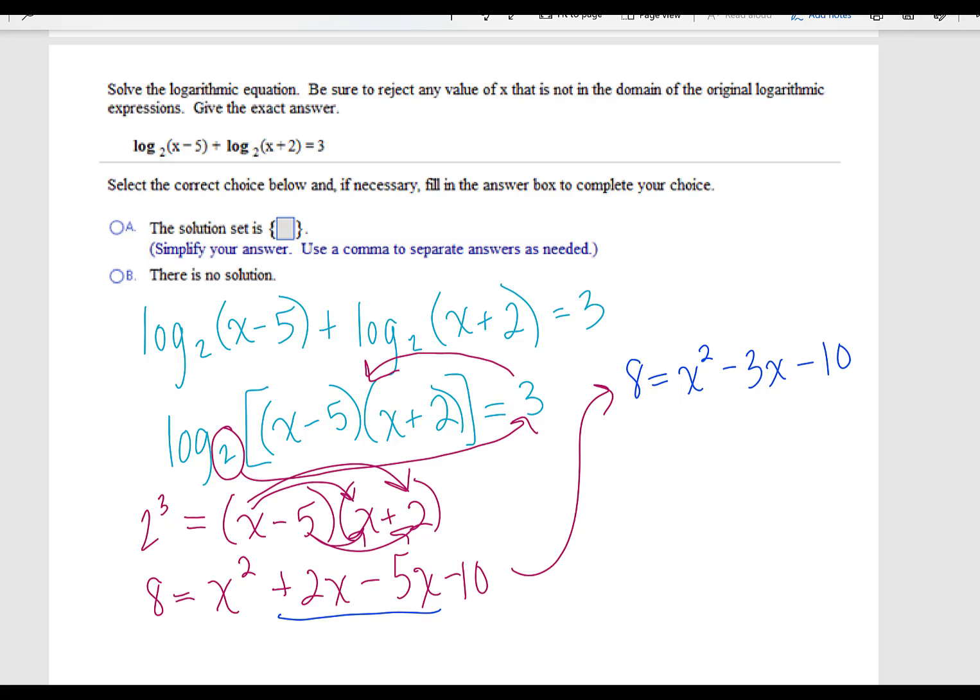Remember, I'm solving for x. So I see I have a quadratic equation here because of that x squared. So I can get it in that standard quadratic form, ax squared plus bx plus c. So this needs to be moved because I need to set it equal to 0, right?